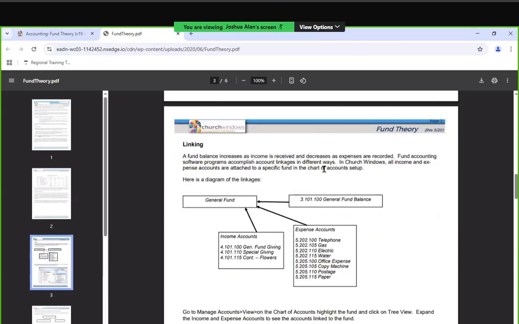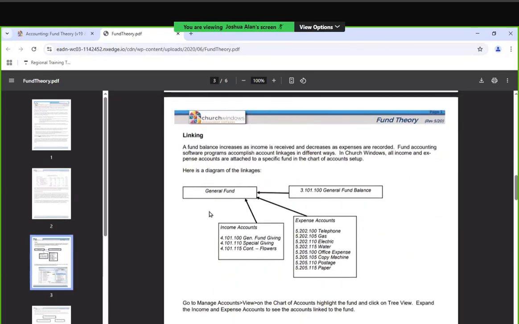So further down the document here on page 3, it shows the linking. Here's our general fund. Let me get out my highlighter again. General fund, we've got the general fund balance account. It's the account with the 3 that will actually store the balance, and it connects the accounts together. This fund over here to the left is kind of the hidden component that folks don't really see, but the account is definitely one you see.